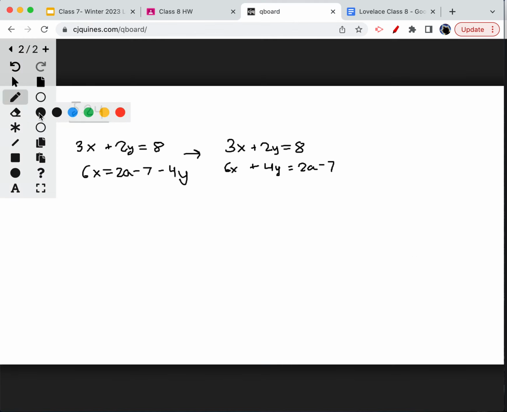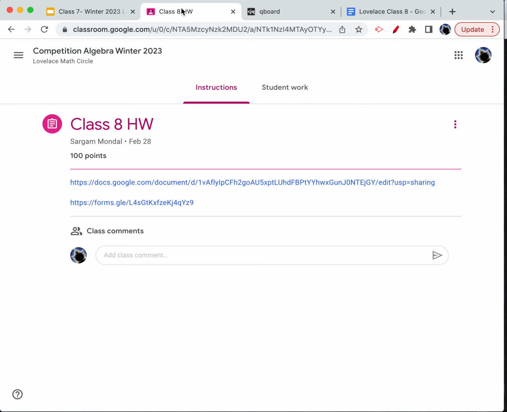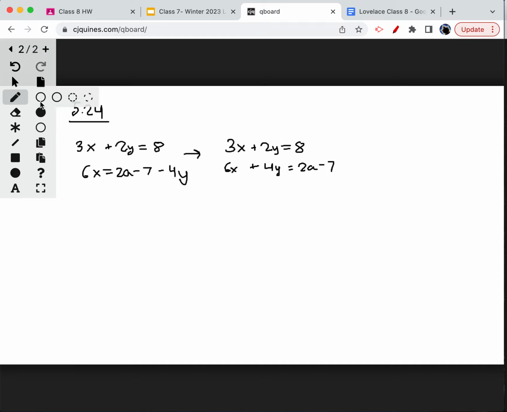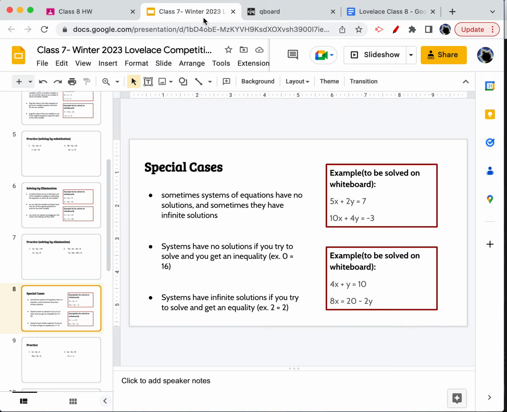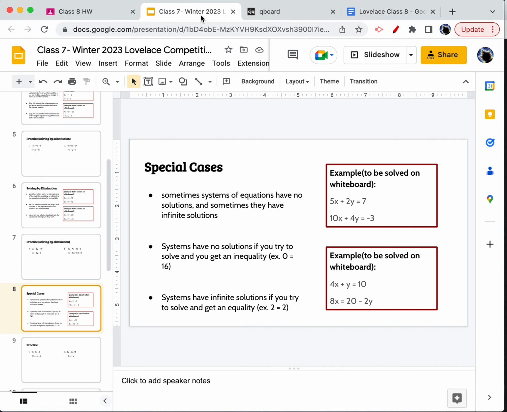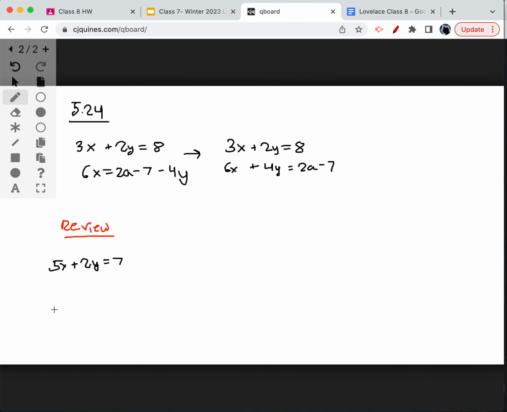So what this means is that, let's just take this example over here. So it says 5x plus 2y is equal to 7, and 10x plus 4y equals to minus 3.